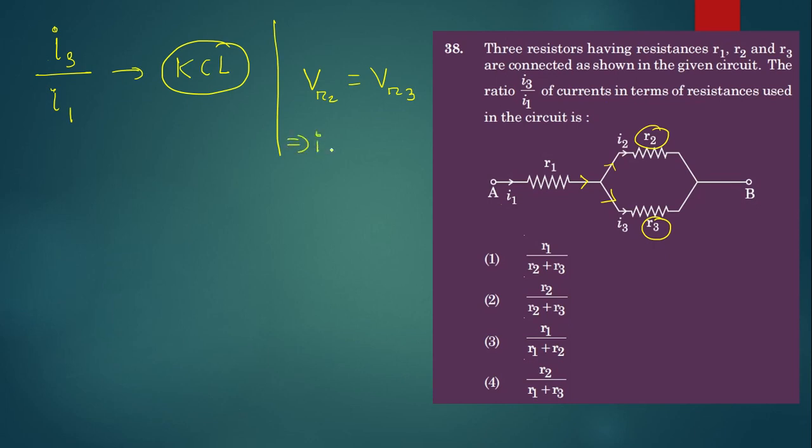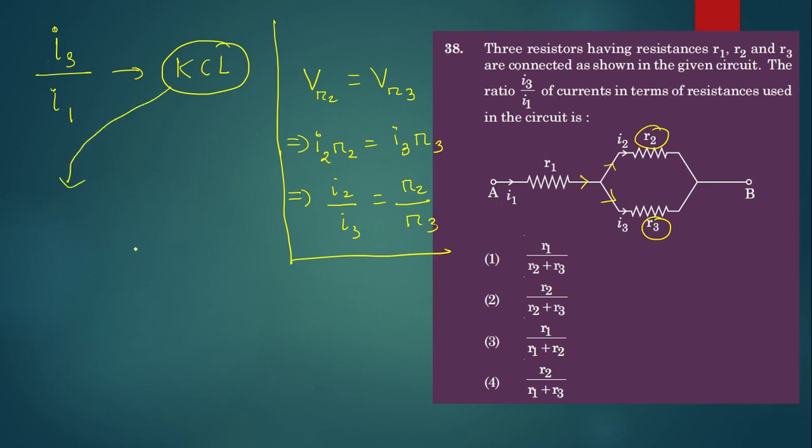According to Ohm's law, electric potential drop will be current multiplied by resistance, I2 times R2, and for R3, I3 times R3, which means I2 divided by I3 will be equal to R3 by R2. At this moment, I keep this relation as it is and I work with Kirchhoff's current law.